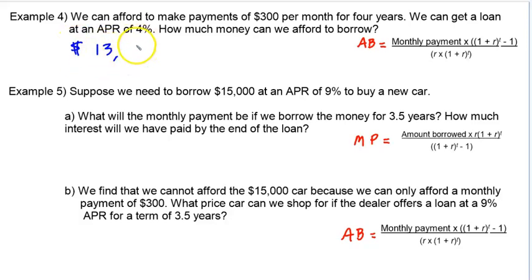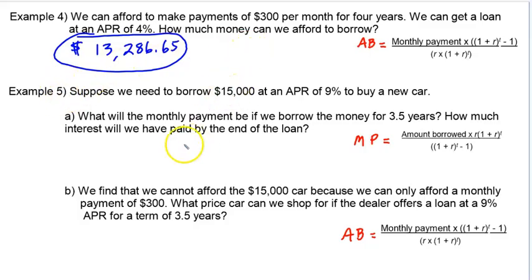That would be $13,286.65. Okay, I'm going to go on to number 5, but again, if you need to stop and work on that, obviously hit pause. So number 5, we're going to do each.